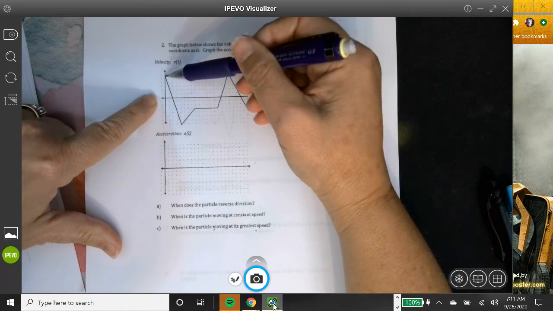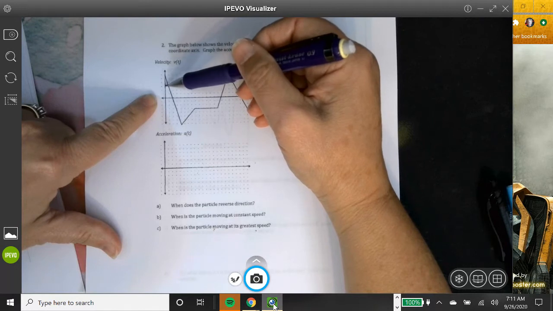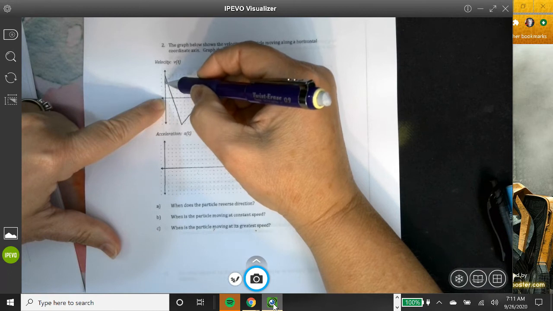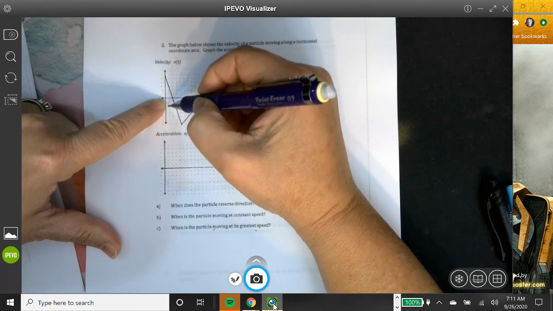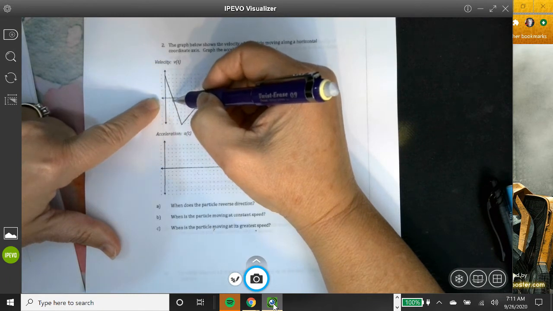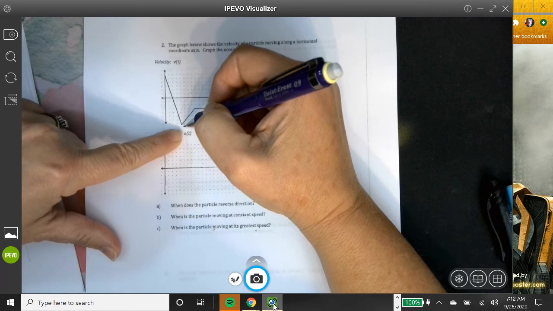So it looks like we're going 1, 2, 3. Let me see the dots here. 1, 2, 3, 4, 5, 6, and over 2. So it looks like it could be negative 3. Let's try again. Well, this is the best way to do it.